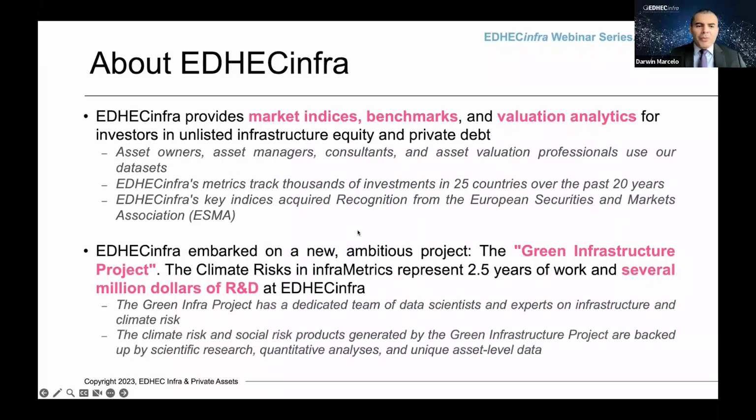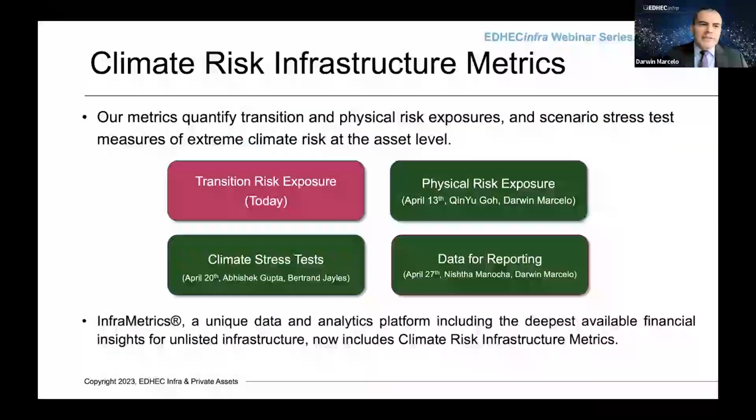The Green Infra project has a dedicated team of data scientists and experts on infrastructure, climate risk, finance. The climate risk and social risk products that we have generated are backed by scientific research, quantitative analysis, and a unique asset level data set.